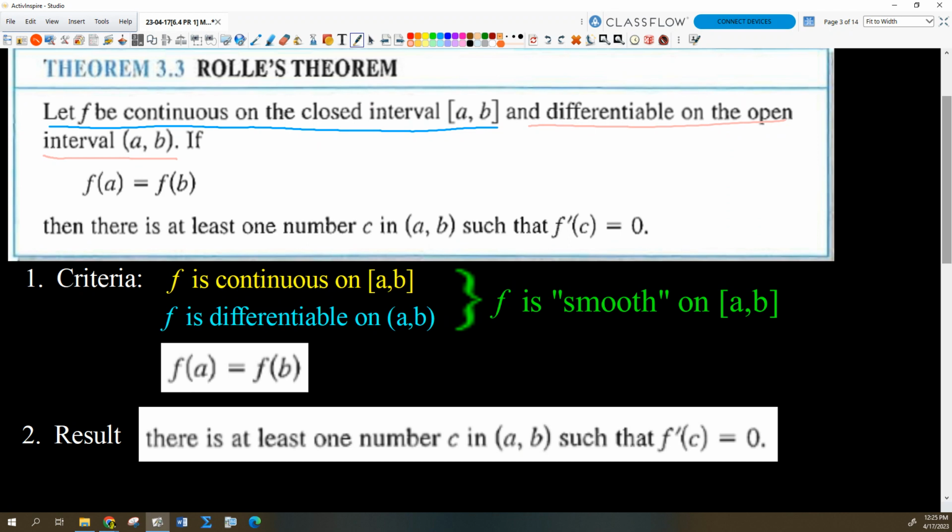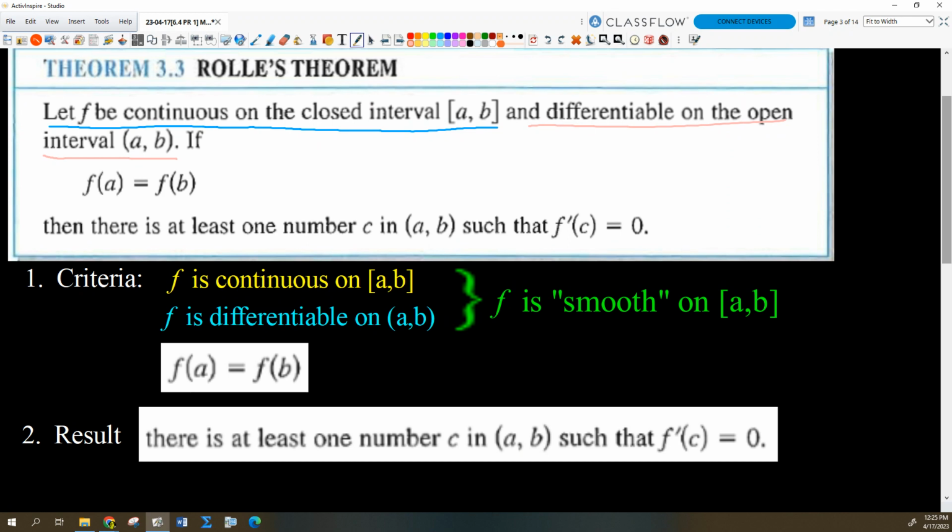We would say that f is continuous on the closed interval and differentiable on the open interval is equivalent to saying the function is smooth on the closed interval, meaning it implies something about the way this thing looks. I put my pen down at a and I graph it and I never have to do anything jagged. If I were to rub my hand along the function, I'd never get cut or scraped because it's never sharp, right? It's always smooth every place.